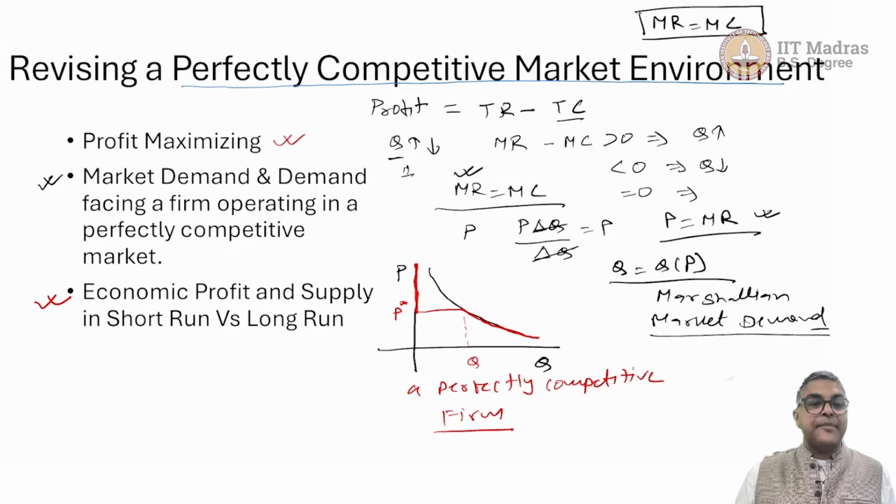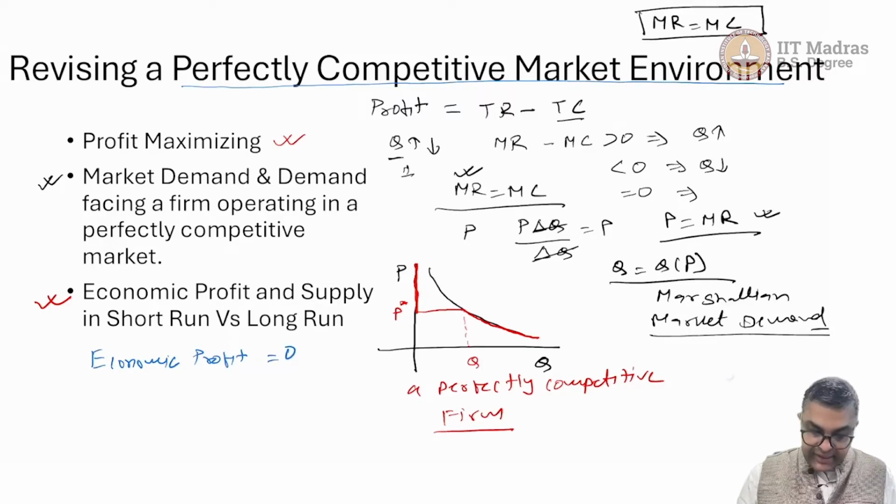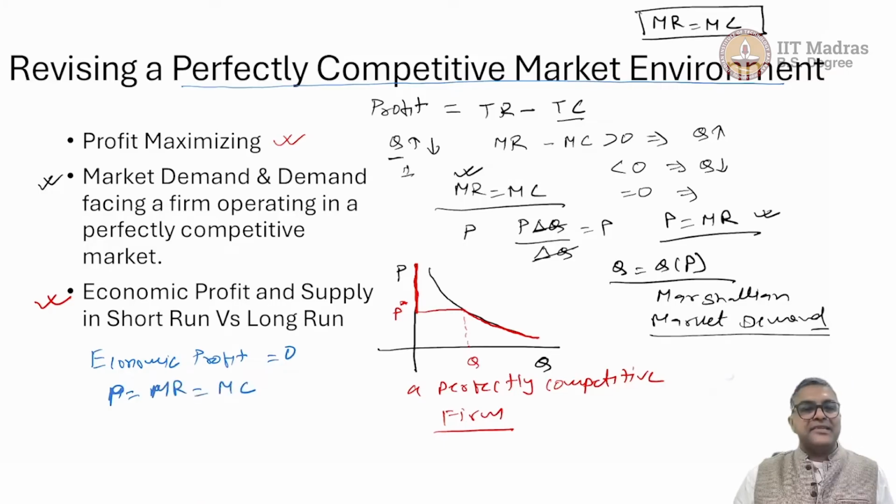If firms are making positive profit, more firms will enter the market, and in the long run economic profit will become equal to 0. So in the short run we have P, that is price, is equal to MR is equal to MC. That's what we will get here.